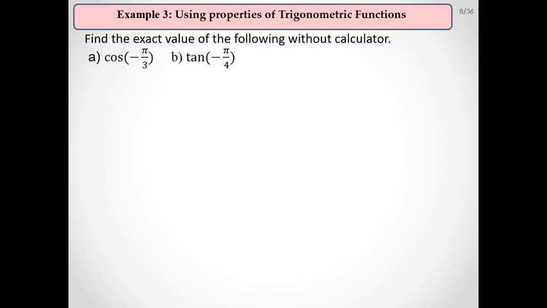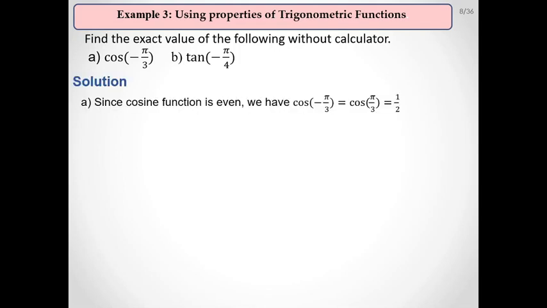So let's try to find the exact value of these trigonometric expressions. Cosine negative pi over 3. Cosine is even, so we can remove this minus and write cosine pi over 3.